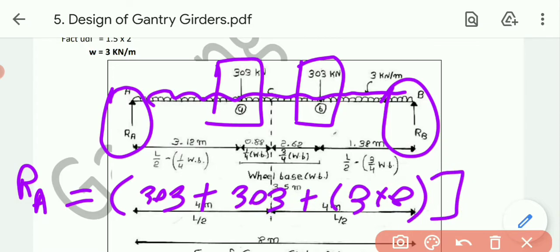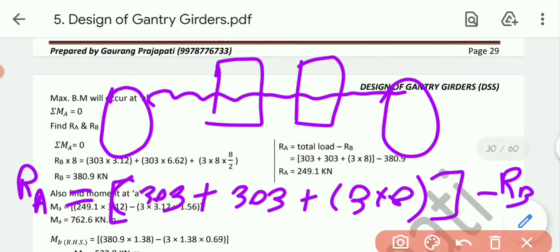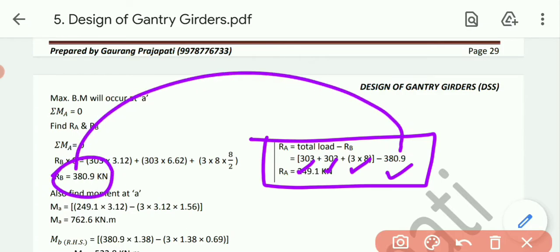So that's my total load, minus we need to deduct RB from this one. So we'll get the value of RA. See, I have done the same thing over here: 303 plus 303 plus 3 into 8, that's our total load, minus that's the value of RB, 380.9. So we'll get the value of RA, that is this one.